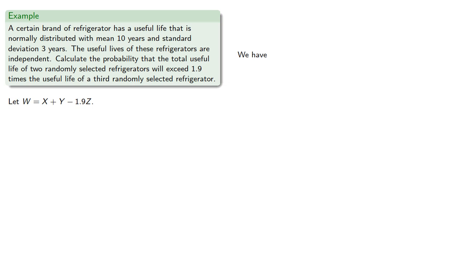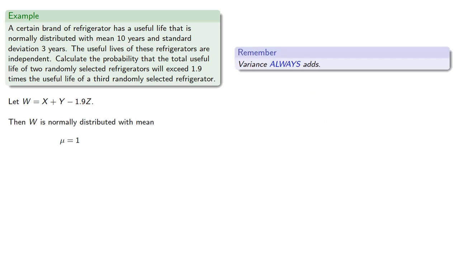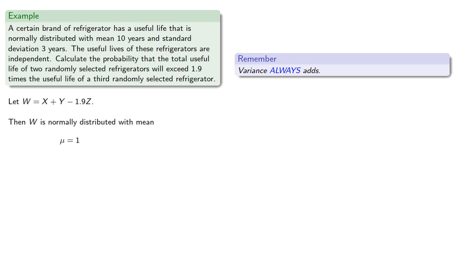So the mean will be the same linear combination of the means, that's the mean of x, plus the mean of y, minus 1.9 times the mean of z, and that will give us the variance always adds.